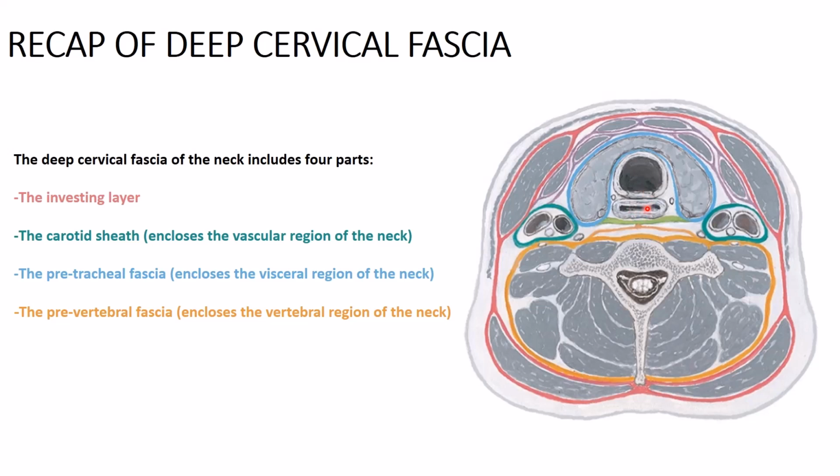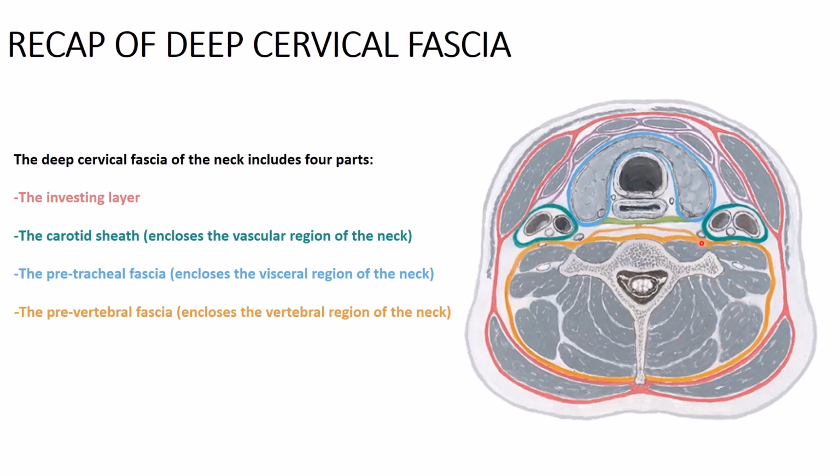And the green fascia, just right here on either side, is called the carotid sheath. And here, the vertebrae and vertebral muscles are surrounded by fascia called prevertebral fascia.